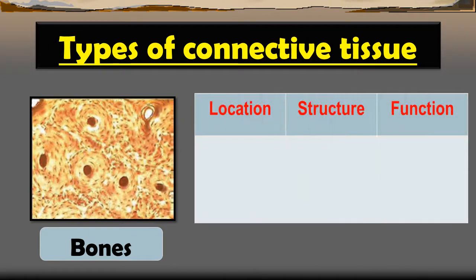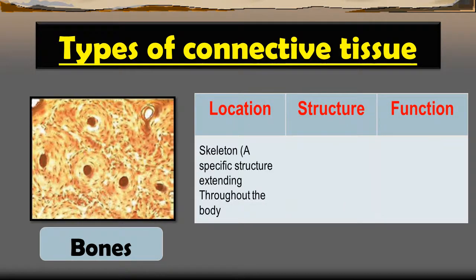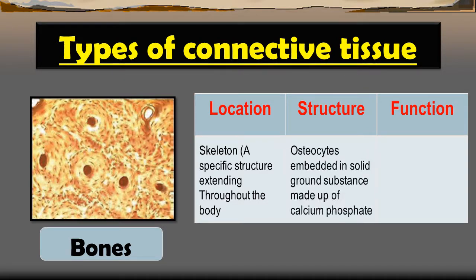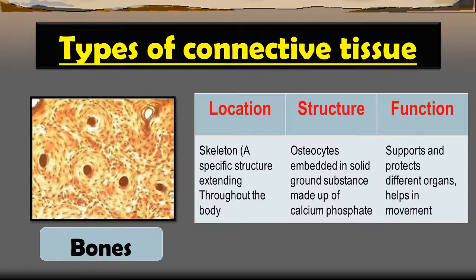Now the skeleton is a specific structure extending throughout the body. The structure of this: osteocytes, that is bone cells, embedded in a solid ground substance made up of calcium phosphate. And the function of bones is to support and protect different organs and help in movements.